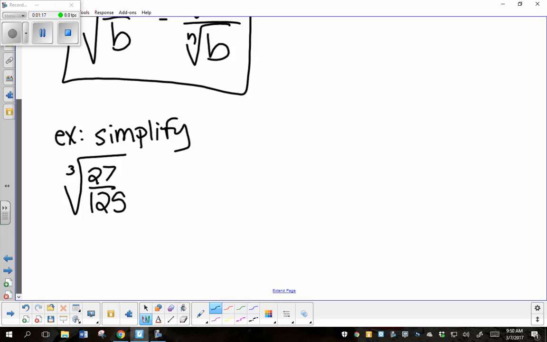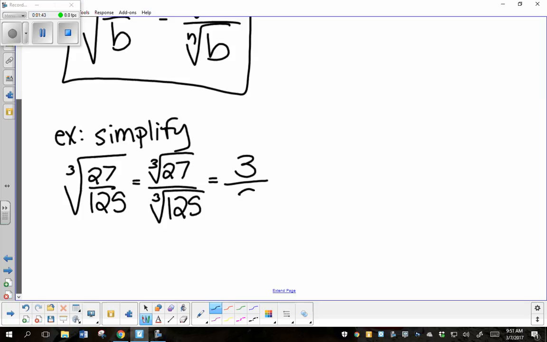You're not going to have to write this out every time, but just remember that you can think about this as the cube root of 27 over the cube root of 125. You don't have to know anything about the fraction 27/125. You can just do it as two separate roots. So what's the cube root of 27? Do you guys know that one? 3. And what's the cube root of 125? 5. So there's your answer, 3/5.